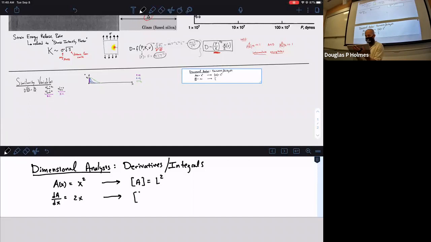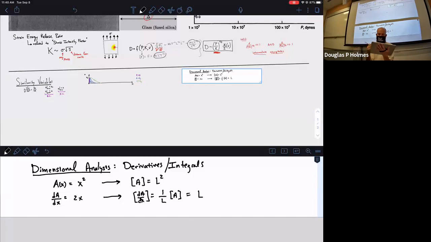Therefore, the units of dA/dx: you could think about this as saying, well, I'm taking a derivative with respect to space, so I'm going to take 1 over length times the units of A. That's fine too. Or you can just look at the derivative and say, well, it's got x, so the units of length.